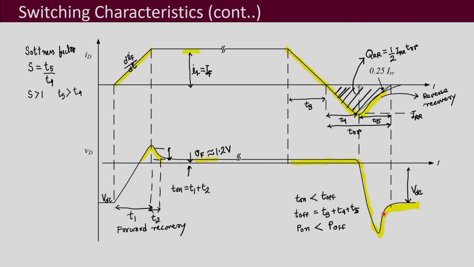which may be the reason why it takes more time for the voltage to come down. And then suppose S is equal to 1, that means your T5 is equal to T4. In that case, the diode is called a soft recovery diode. And there may be a situation where S is less than 1, that means T5 is less than T4.